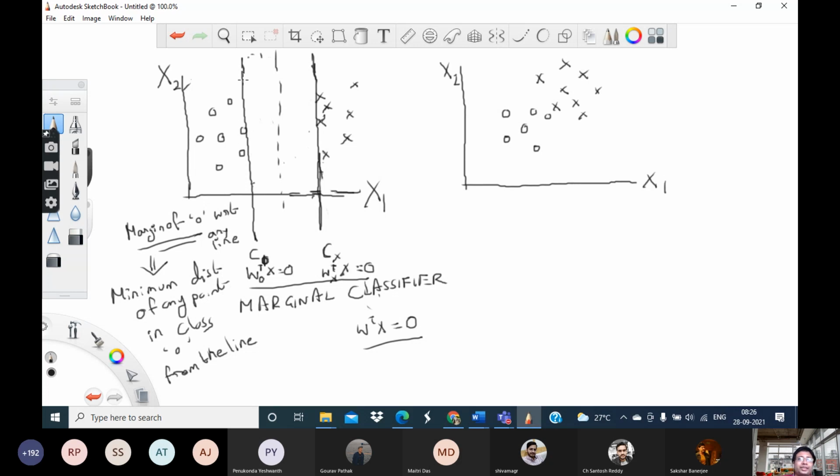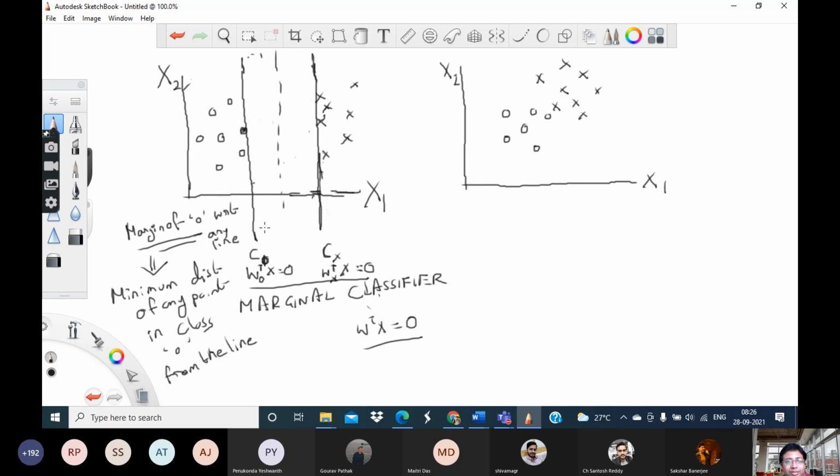That is to say, the minimum distance of any point in the circle class from that line is equal to 0. We can see that is indeed the case, because this point's distance from this line is 0. These other points also have some distance, but we are talking about the minimum distance, which is the distance of this point from C circle. So this distance is 0.